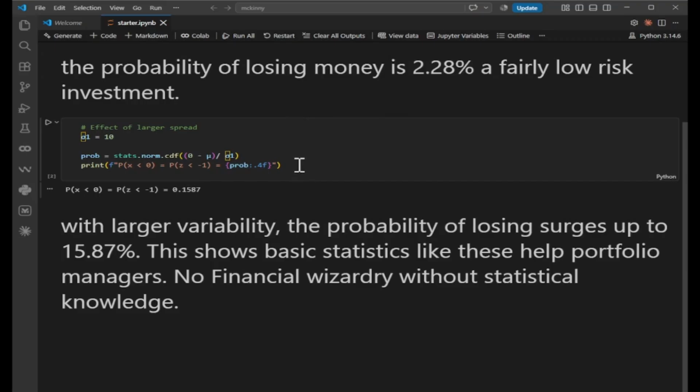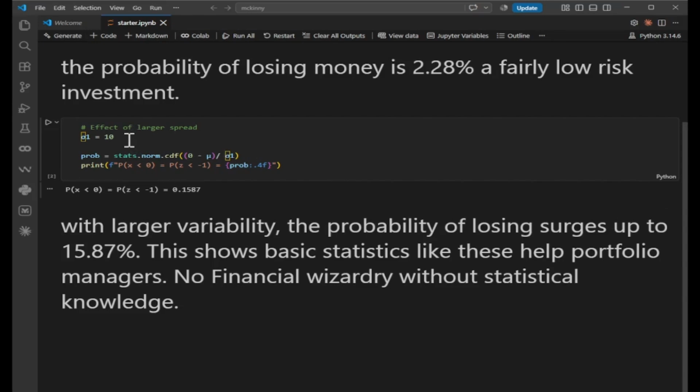However, we have two statistics, right? Mean and spread. If the spread, the variability, is large, then the probability of losing increases dramatically. So for that effect, let's make spread equals 10%.